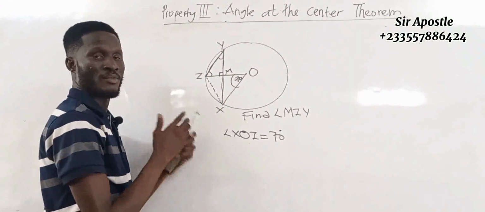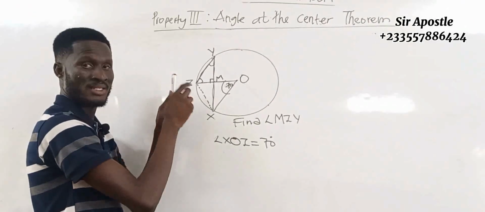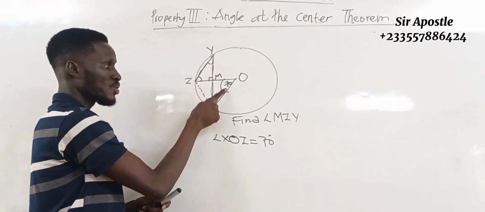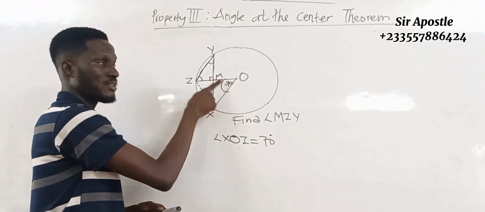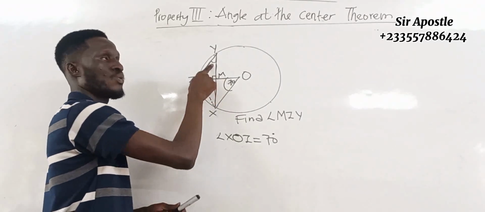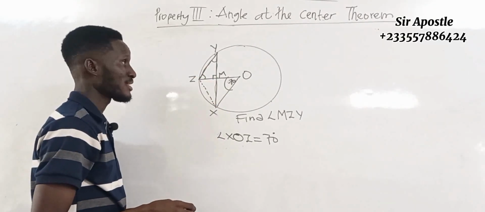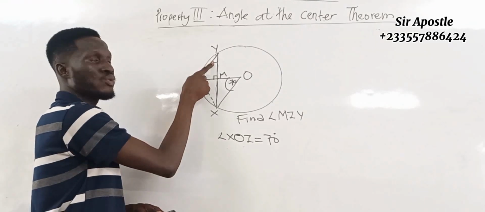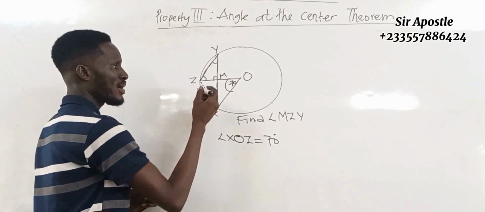So the angle formed from the same chord at the circumference of a circle is XYZ. So what are we saying? This one times 2 will give us the 70, or half of the 70 will give us the angle at the circumference of a circle.